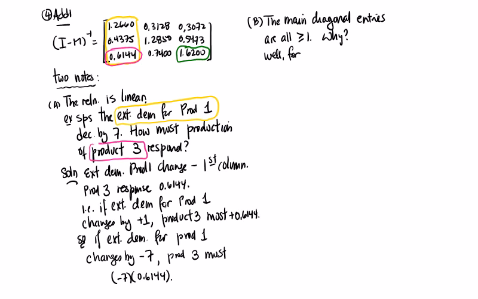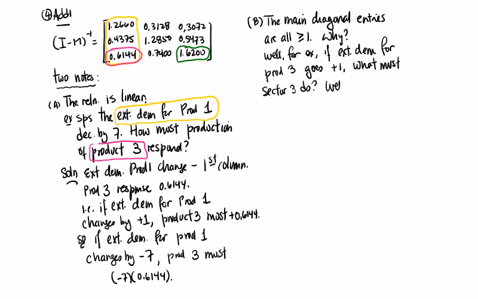So if the external demand for product 3 goes up by 1, what must sector 3 do? It has to produce that 1, because sector 3 produces product 3.